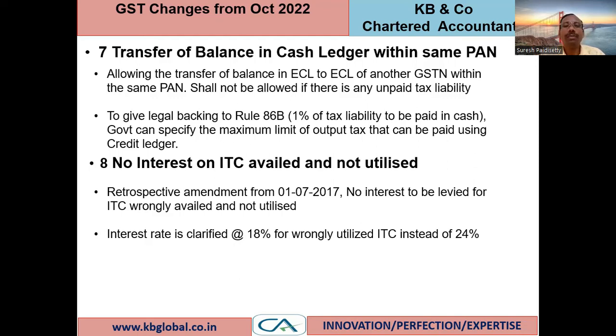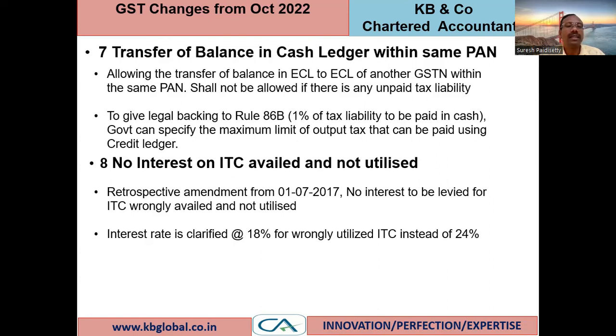Now what happened? Everybody was using 100% of the ITC for the payment of output tax. So now, to give legal backing to Rule 86B, they are going to specify the maximum limit of output tax that can be paid using the credit ledger.